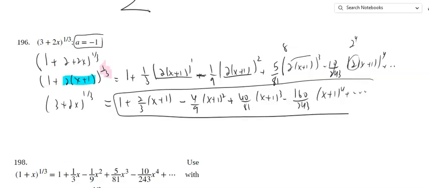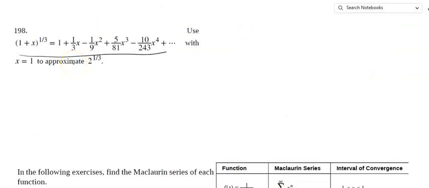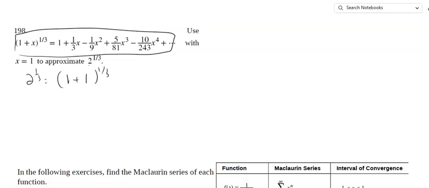Again, the hard part is writing this as a power series representation. You're not required to do that. And then they say, look, if this is what you're given, can you use that to evaluate 2 to the 1/3? You say, yeah, I could. That's 1 plus 1 to the 1/3, right? Replace x by 1 and you're in very good shape.